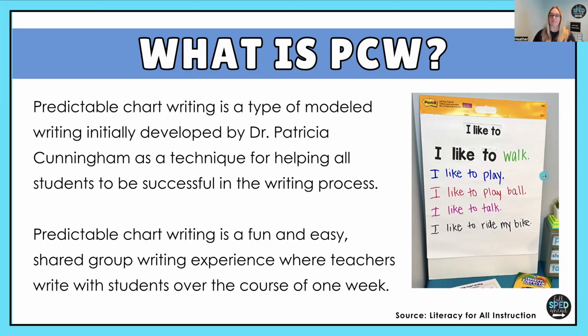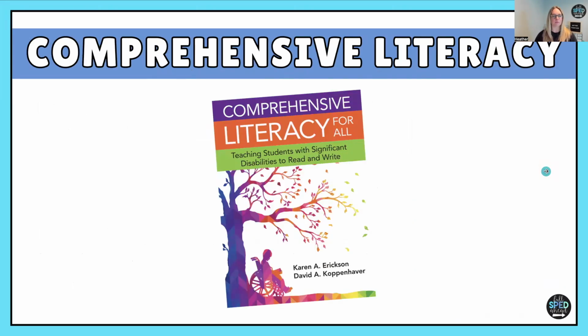So this is supposed to be predictable, right? You hear the word predictable, and you see the pattern and the strategy that will go into it as we talk through that. If you have not read Comprehensive Literacy for All, I highly, highly recommend it, especially if you're working with mild to moderate to severe disabilities. It truly shows more strategies and tools for your students to read and write. This could even work for a resource classroom if you have some of those students as well.